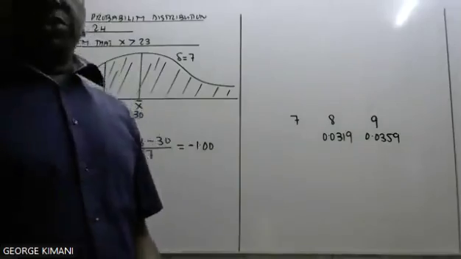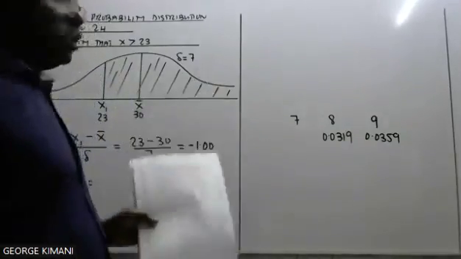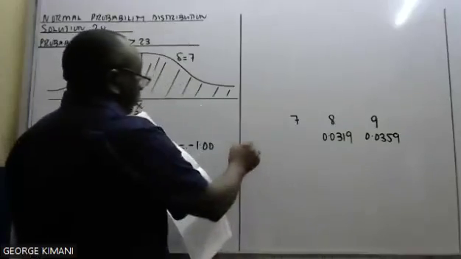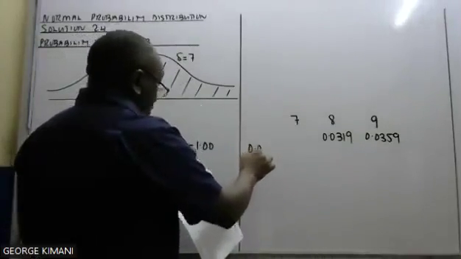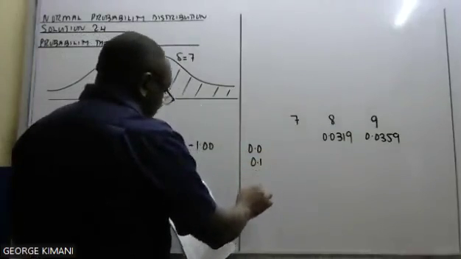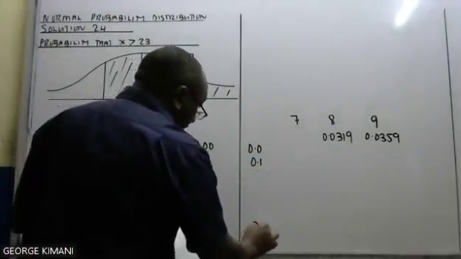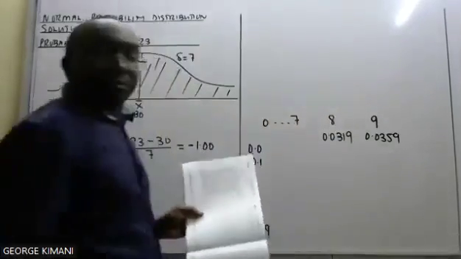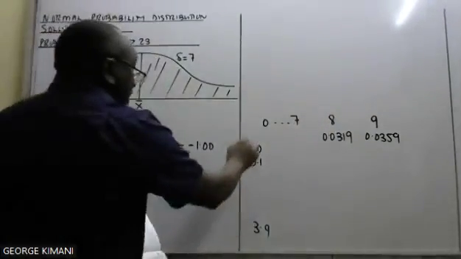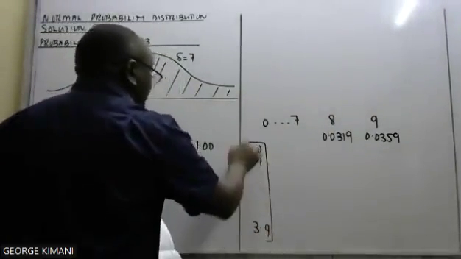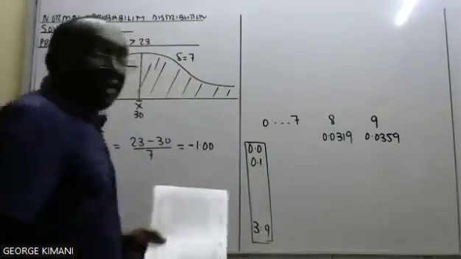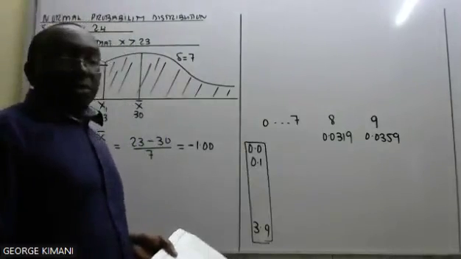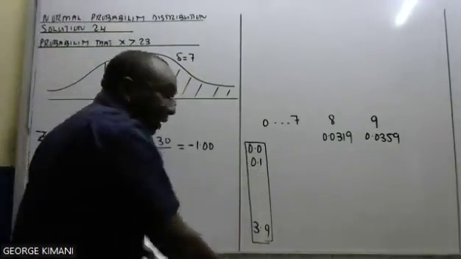So now this is what you do. You go to the table. You can see the values in the rows are written like 0.0, 0.1, all the way to 3.9. Then here the columns begin at 0 all the way to 9. These values in the rows are values of Z to 1 decimal.